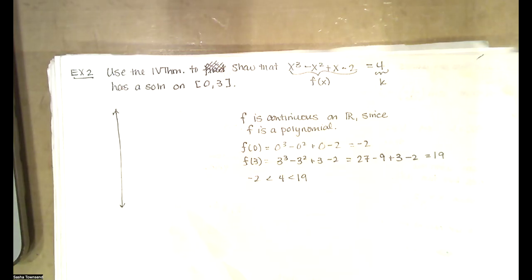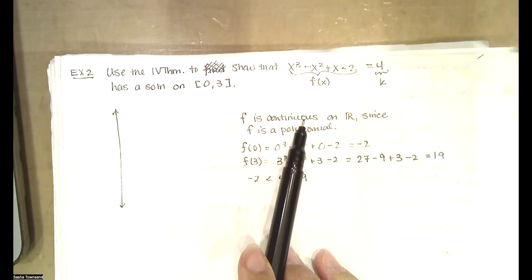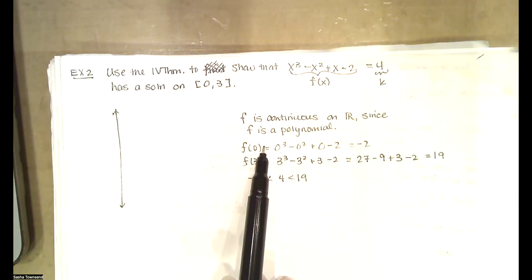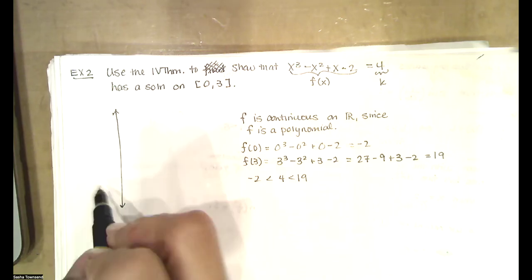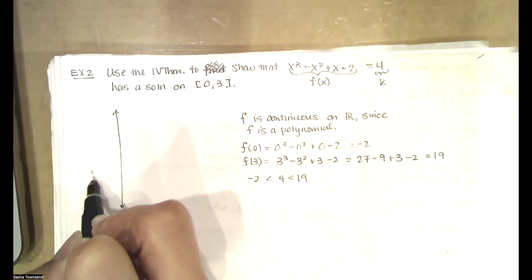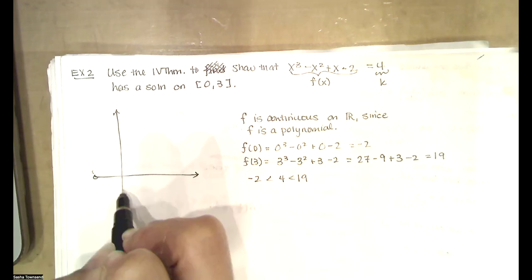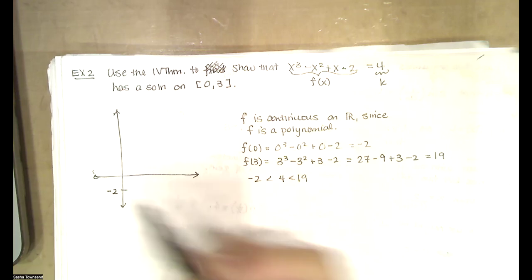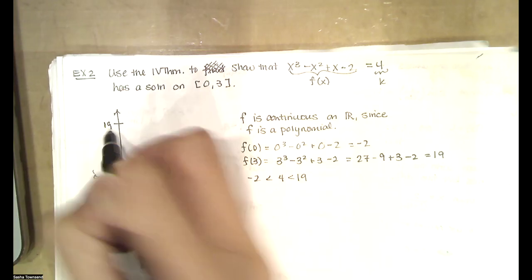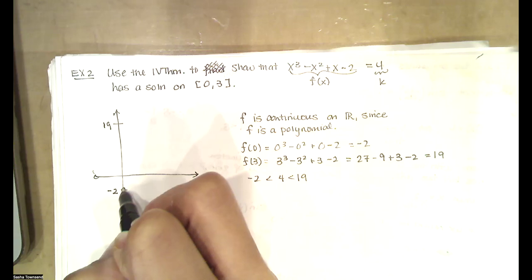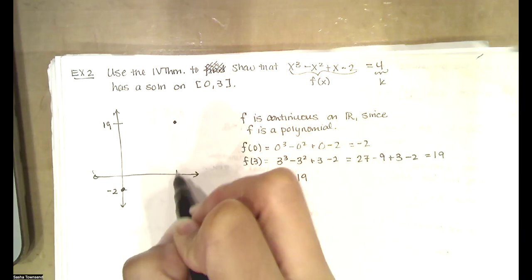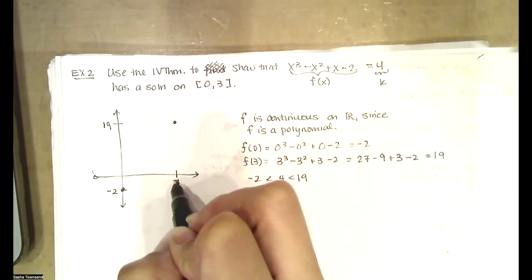So all of the conditions of the intermediate value theorem hold: the function's continuous, and those two y values are different from each other. Oops, that's a 3.